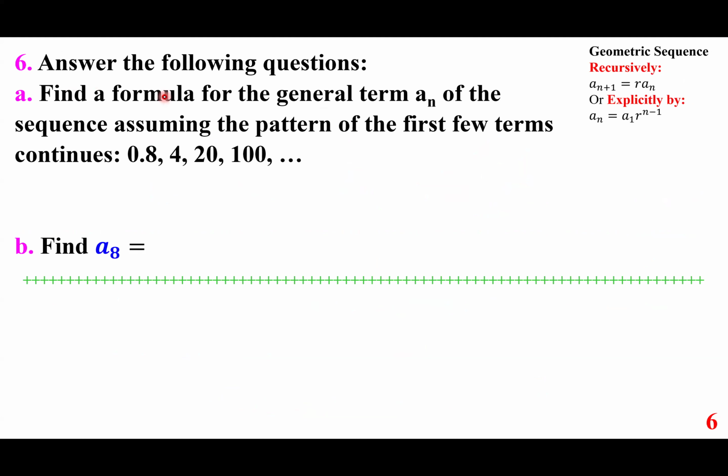Find a formula for the general term a sub n of the sequence, assuming the pattern of the first few terms continues. If this continues, that means first you've got to figure out what type of sequence you are dealing with. That's the first thing that you have to figure out.